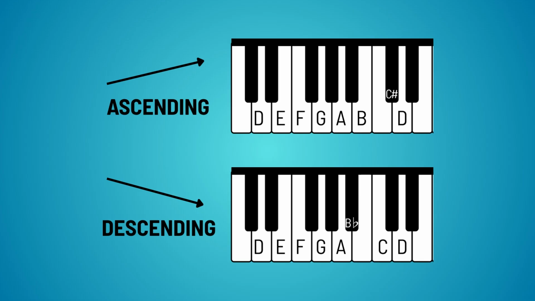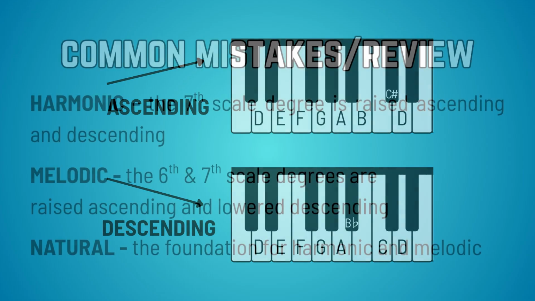Raising B flat by one semitone gives us B natural. The seventh scale degree is C. Raising C by one semitone gives us C sharp. D melodic minor ascending is D, E, F, G, A, B natural, C sharp, D. Descending, it returns to natural minor: D, C, B flat, A, G, F, E, D.